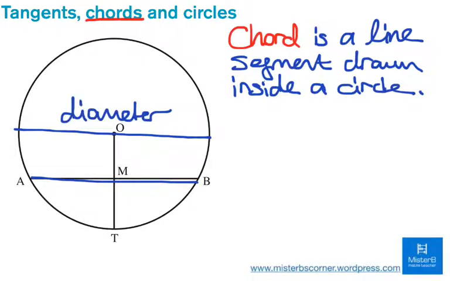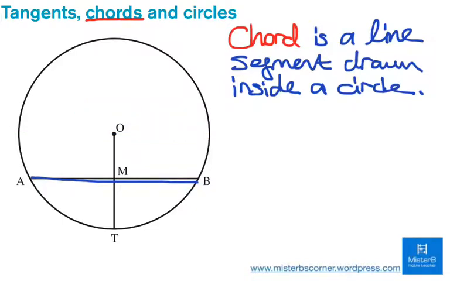Now, there are a few things you should remember when you see a chord inside a circle. One of them is that when you draw a radius like that, OT, you have a right angle here.